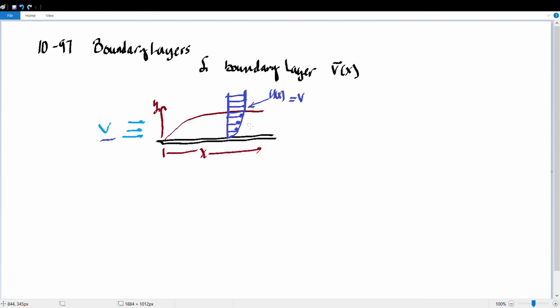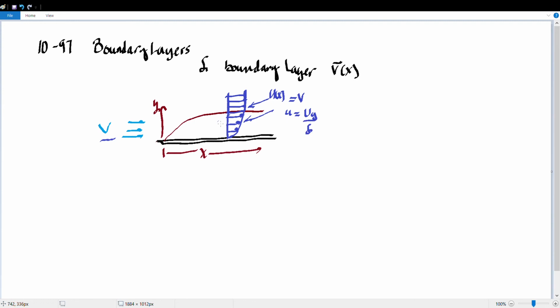The part under the curve is represented by a function that's given to us. That function is u is equal to capital U, y, and then divided by the boundary layer.